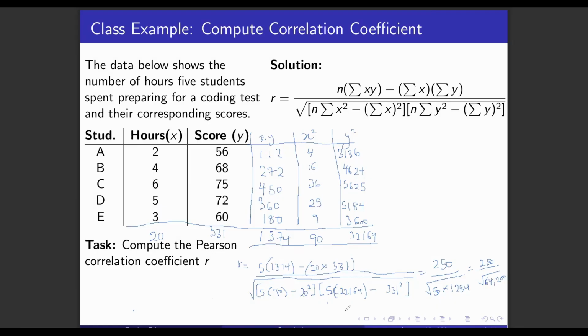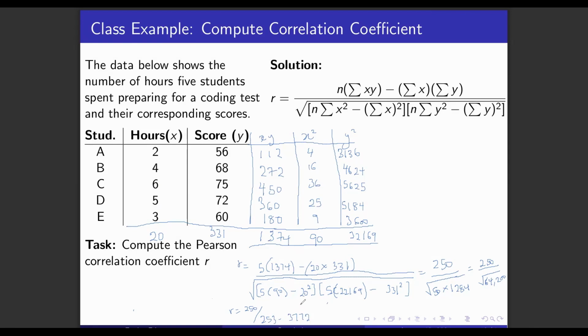So I come back here, R is equal to 250 divided by the square root of 64,200. The square root of 64,200 is 253.3772.